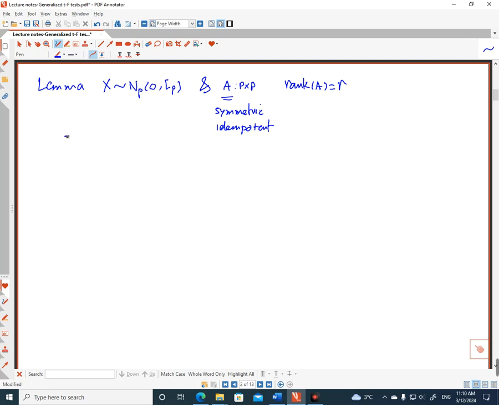Then we can conclude that if we define S as x prime A x, it has a chi-square distribution with r degrees of freedom, where r corresponds to the rank of A.